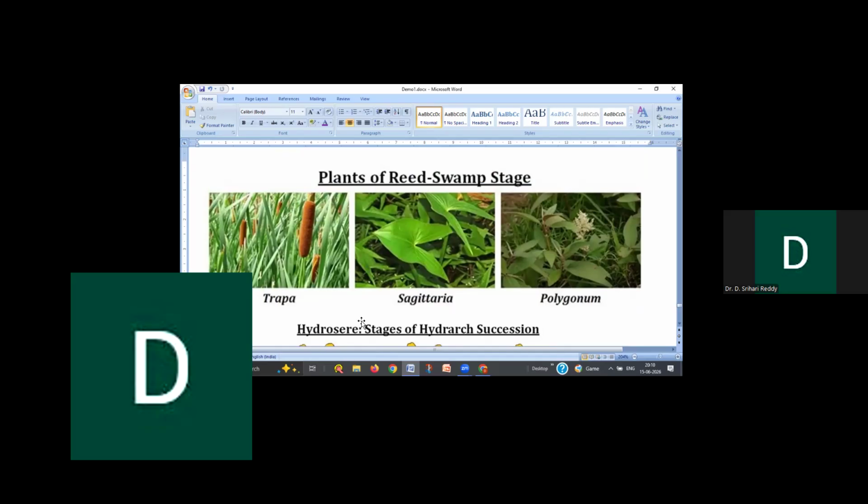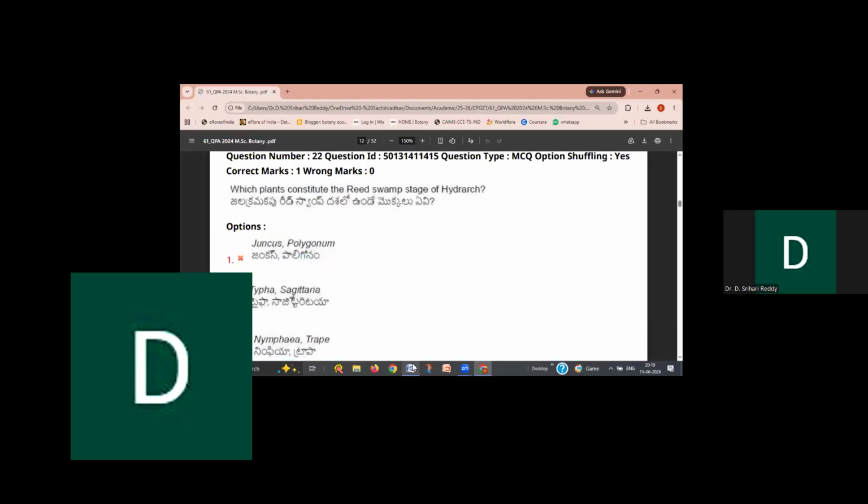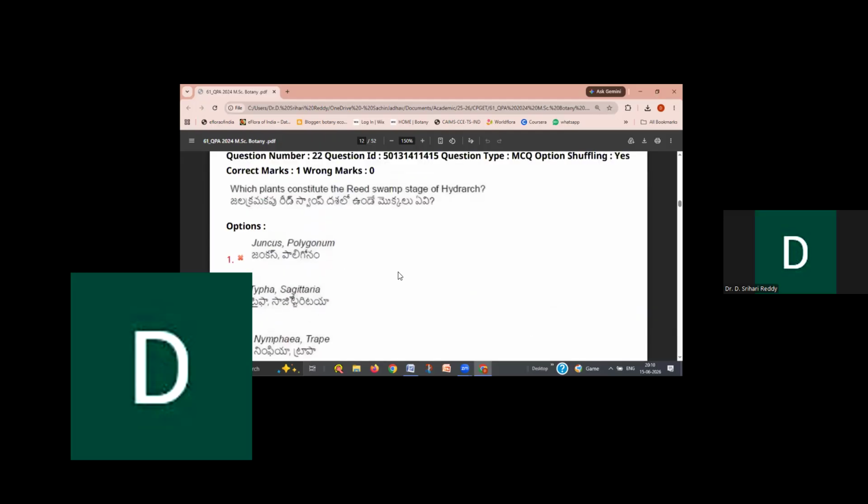Examples are Typha, Sagittaria, Polygonum. So, Typha and Sagittaria, this is the right option. Juncus, Polygonum, not the right options. So, you have to remember all the different stages of the hydrosere and xerosere and their examples.